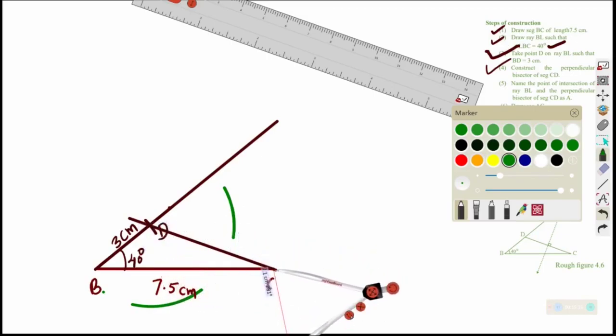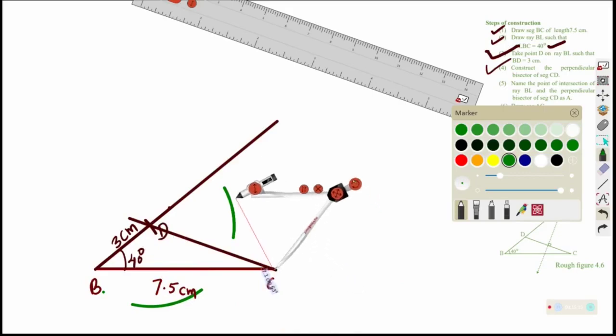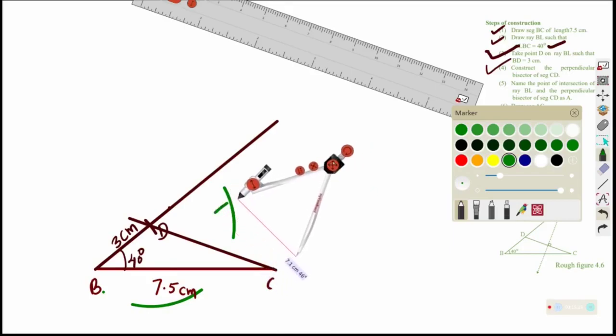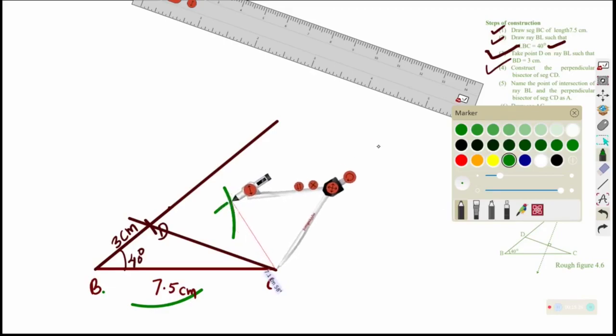Take the compass to the other end of the line segment. Simply turn it and draw the arc accordingly. There it is, perfect. Take the compass to the other side of the line segment.